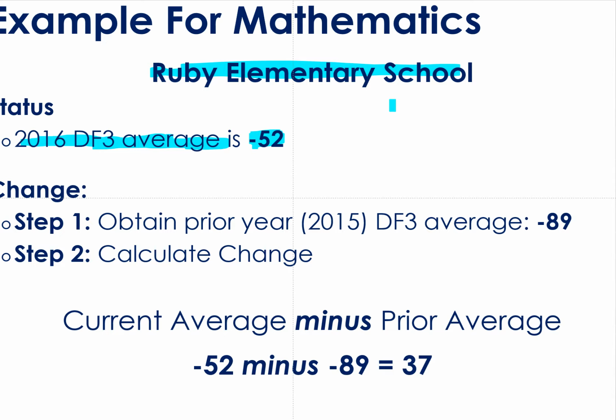But to understand the change, we have to go back to the prior year. The prior year was negative 89. So now we calculate the change, which is the current average minus the prior average. We have negative 52, subtract the previous DF3, which is negative 89, and we have this wonderful growth of 37 points. So that's their growth.